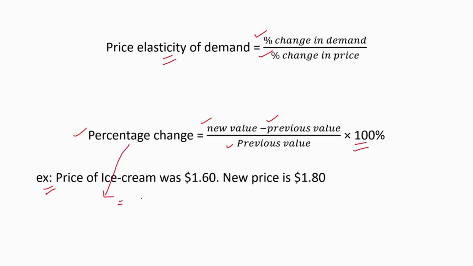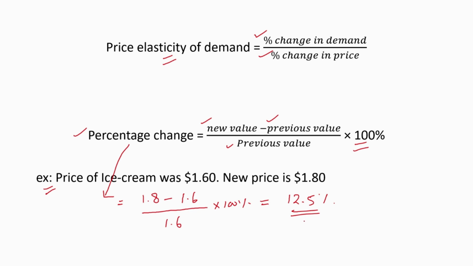The new value $1.8 minus the previous value $1.6, divided by the previous value $1.6, then multiplied by 100%. So the percentage change of the price is 12.5%.